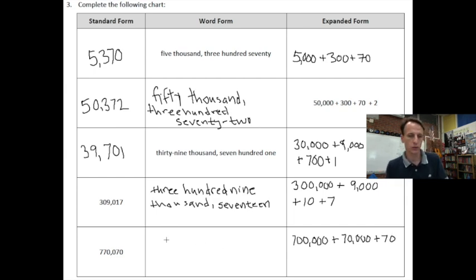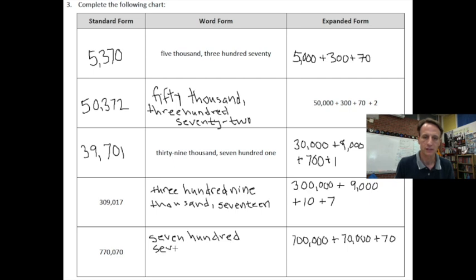Now put this in word form. We'll read 770 as a number, 770, hit that comma, say 1,000. So 700 70,000.